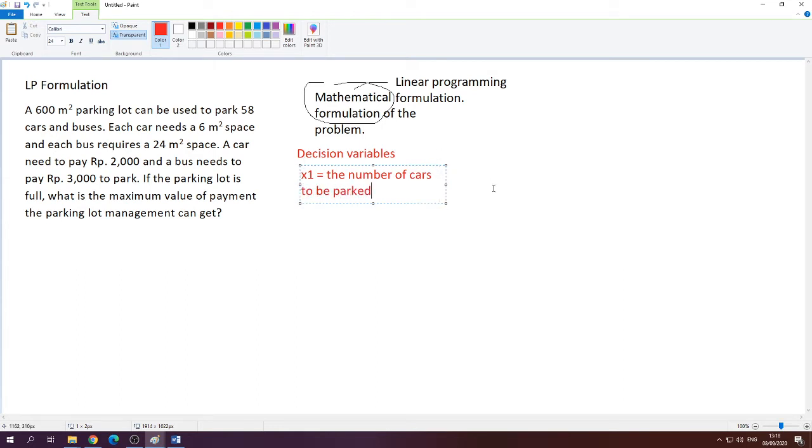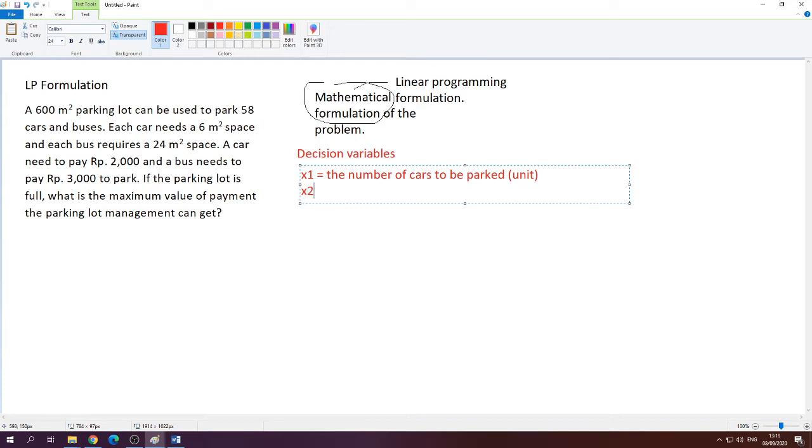So x1 can be 0, and x1 can be 1, 2, 3, 4, 5, and up to 58, right? So it should be in units. So no car, 1 unit of car, 2 units of car, 3 units of car, and so on and so forth.